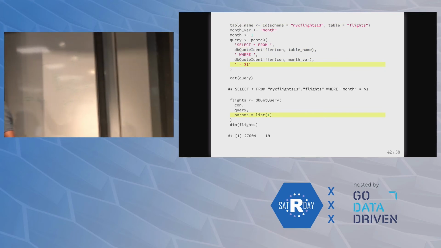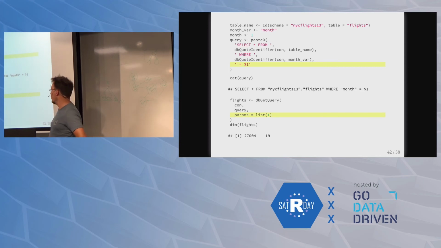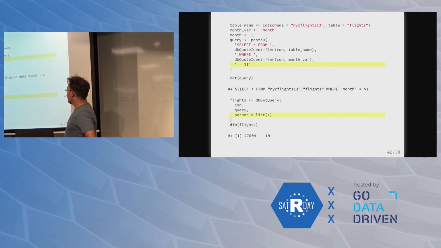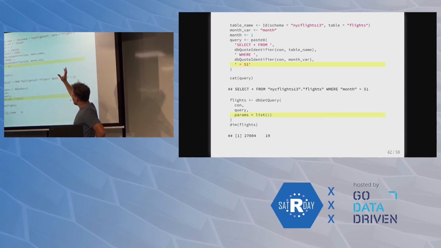One more. You probably don't want to quote literals either. You want to use parameters in your query. Why? Well, it's easier, I think. It's easier to have a constant query.